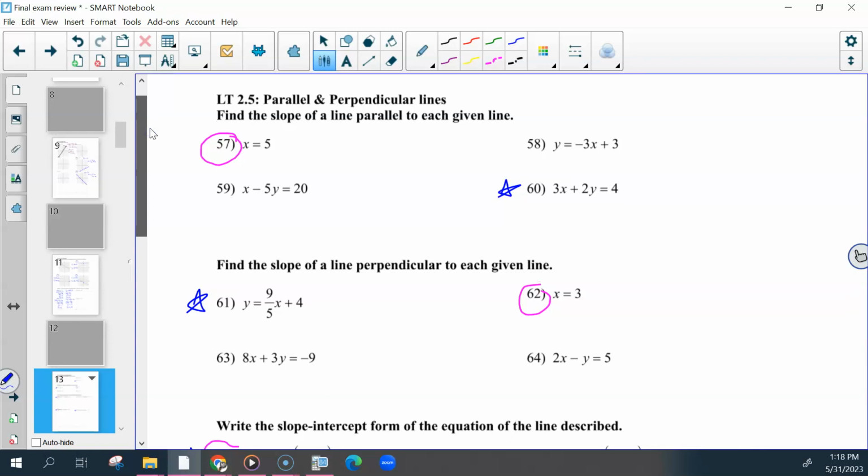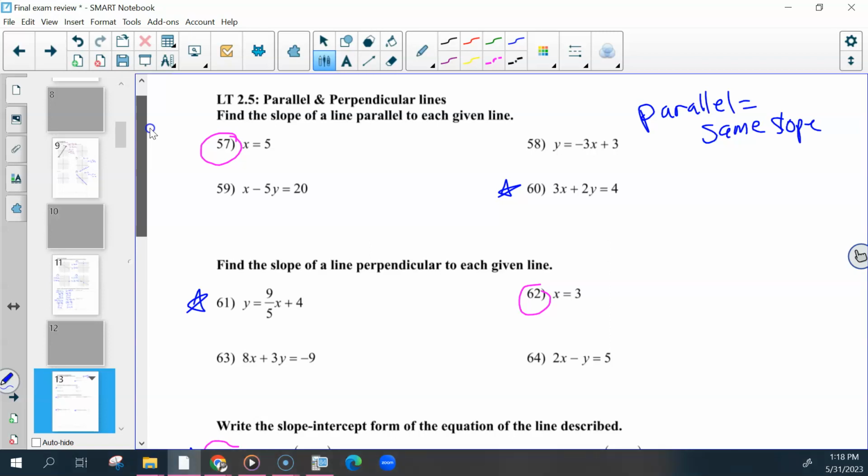Okay. So, side note, for parallel lines, they have the same slope. If you have to write an equation that's parallel, the slope would be the same, but the y-intercept is different. So for 60, we have to find the slope that's parallel to this.